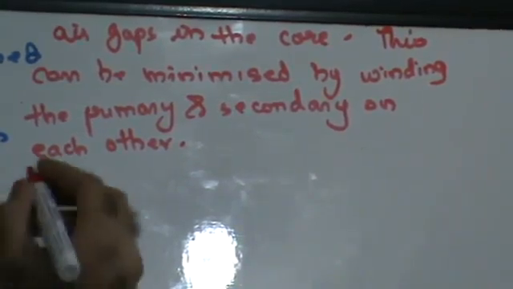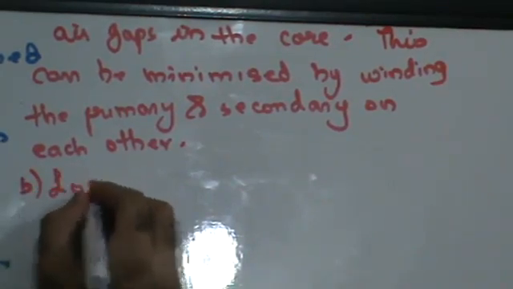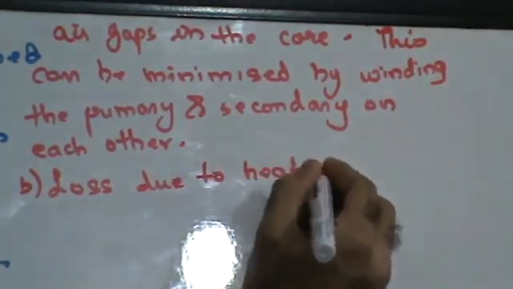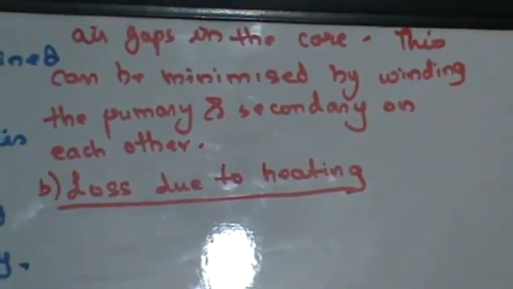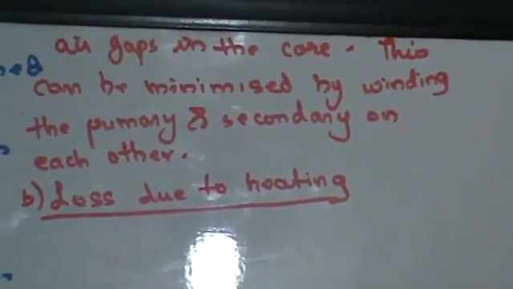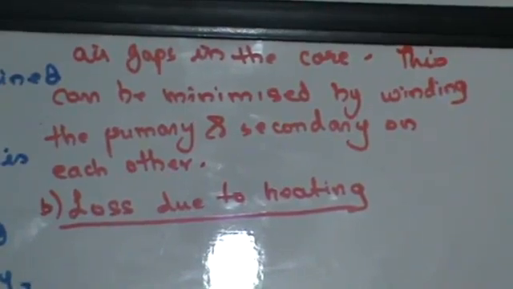Second problem is loss due to heating. Some amount of power is going to be lost due to heating. Due to the resistance of the wire used for winding, some amount of heat is going to be produced in the wire.